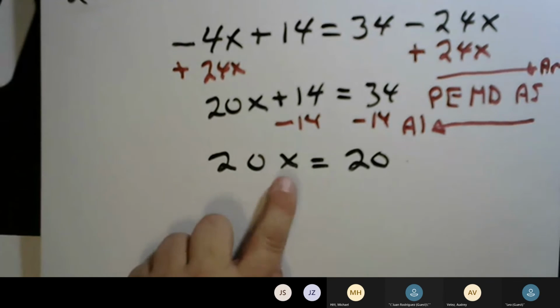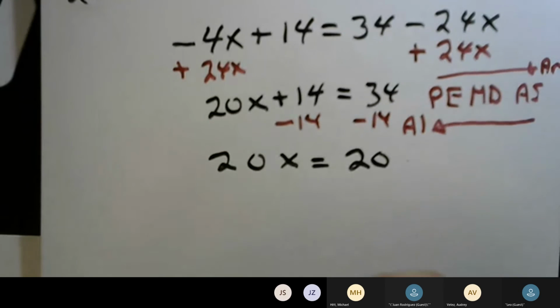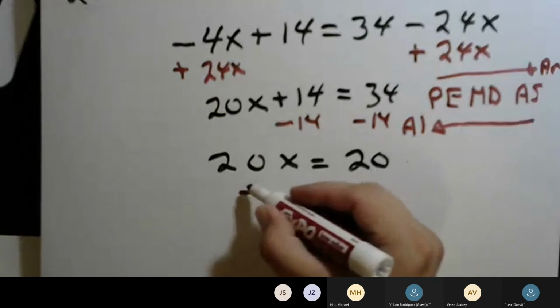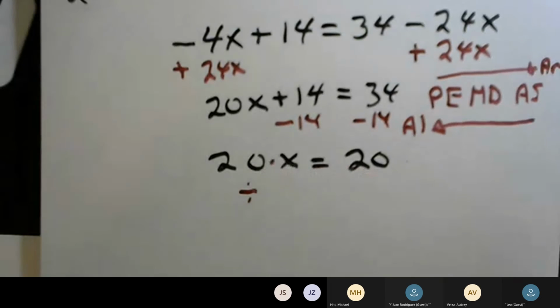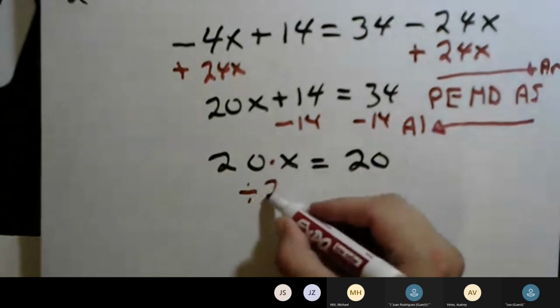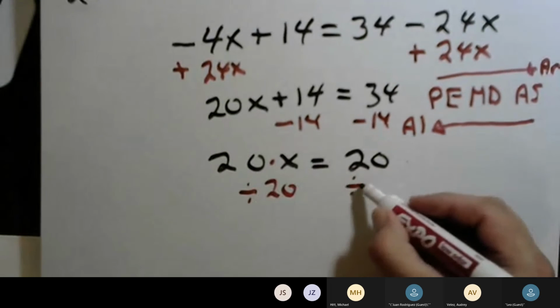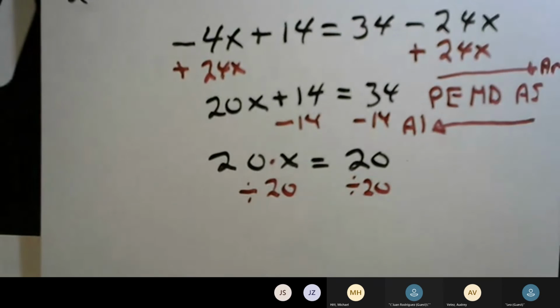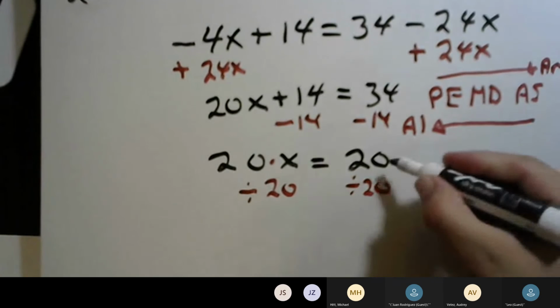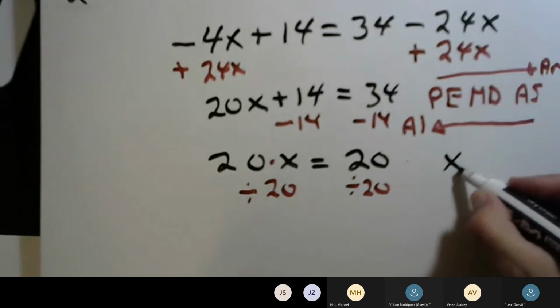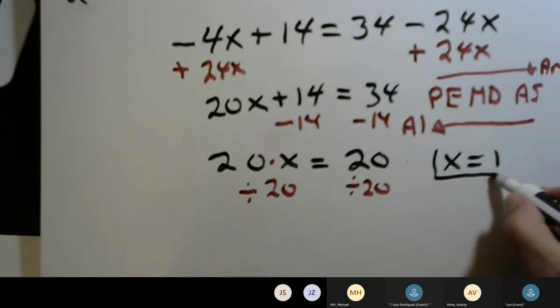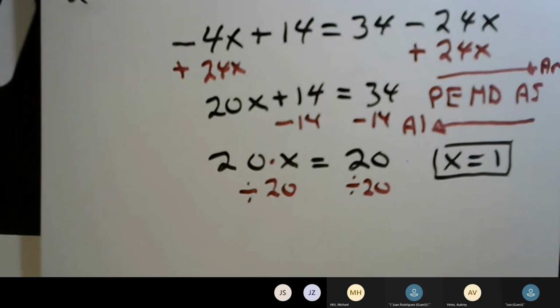And then when you have a number next to a variable, that means multiplication. There's a little invisible multiplication sign in there. So we divide by 20. And then something divided by itself, well, that's equal to 1. So questions about that?